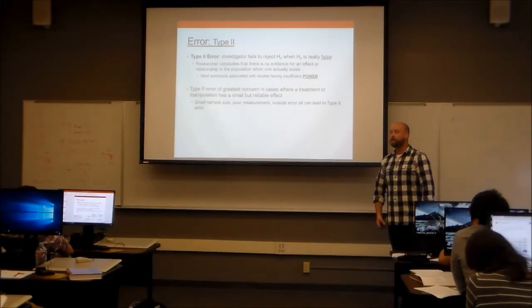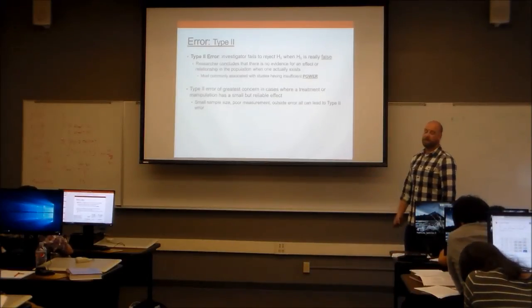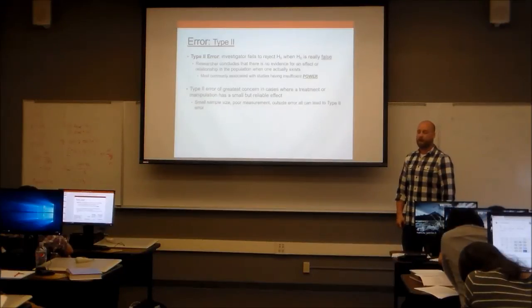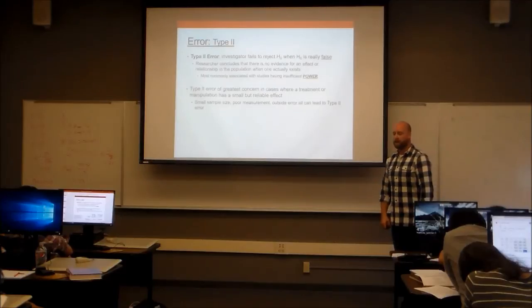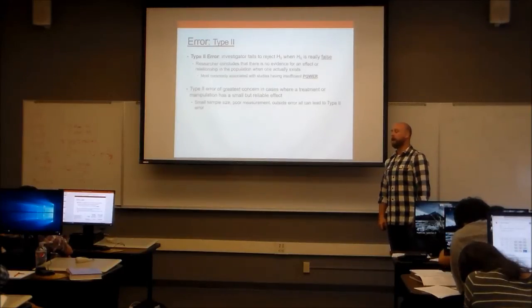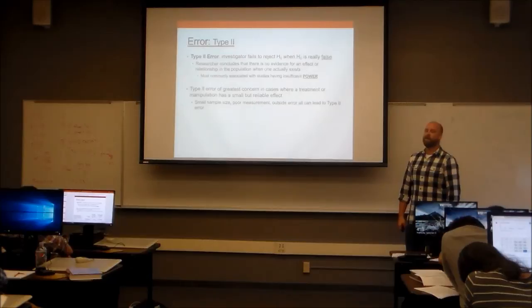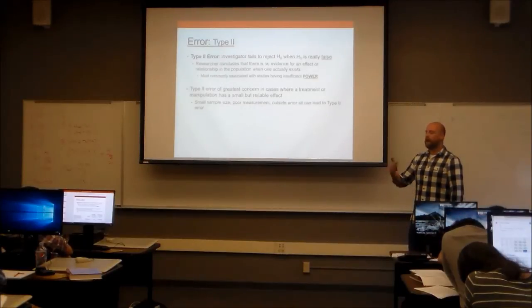So things like poor, small sample size, poor measurement, right? If my measurements have a lot of error, right? If I have a really horrible estimate of whether or not people are actually going to buy this, or I have a terrible estimator of whatever my outcome variable is.